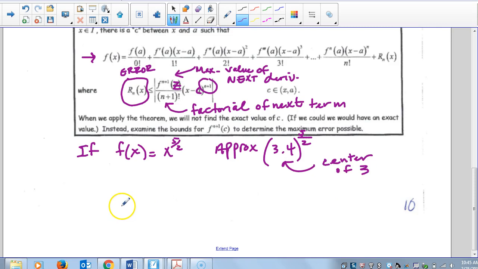Then using that center of 3, you would set it up like this. You would say it would be 3.4 minus 3 to whatever that power is. So it would depend on where we're stopping. And then you've got the maximum for n plus 1, which is really all that is, over n plus 1 factorial.